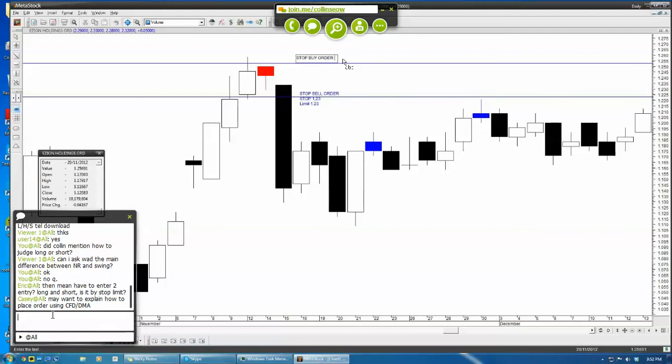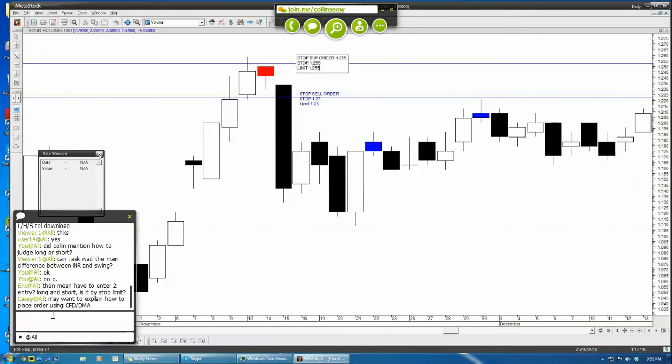You put these two orders in when the market opens. Here the high is 1.25, so you put 1.255. It will be a stop buy order. Your stop price is 1.255, and your limit will be 1.255.